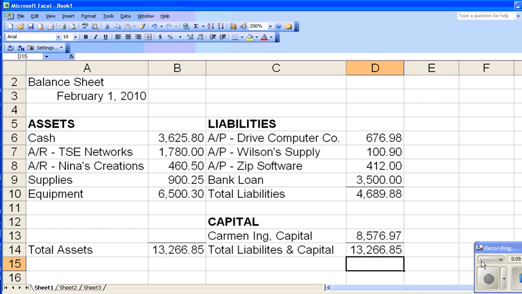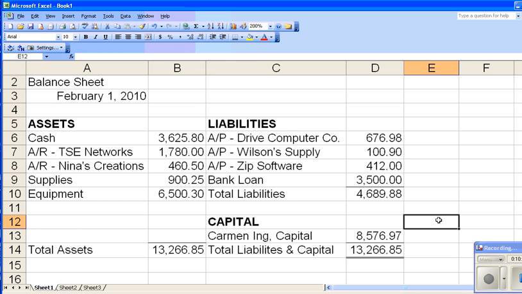And you will see that our two numbers equal, which is great. Once these numbers equal, we finish off our balance sheet by putting a double underline below each of the totals. So we put a bottom double border below total liabilities and capital, as well as a bottom double border below total assets.